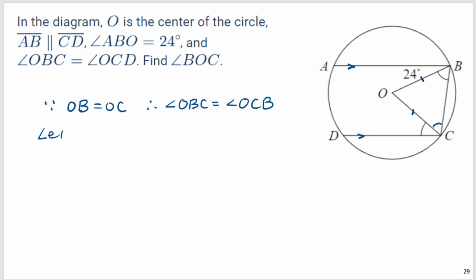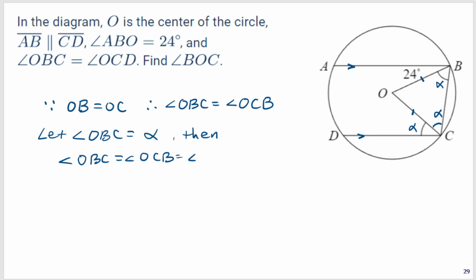Well, if we let angle OBC equal alpha, then this angle is also alpha, and this angle is also alpha, right? Then angle OBC equals angle OCB equals angle OCD. All of them are alpha.